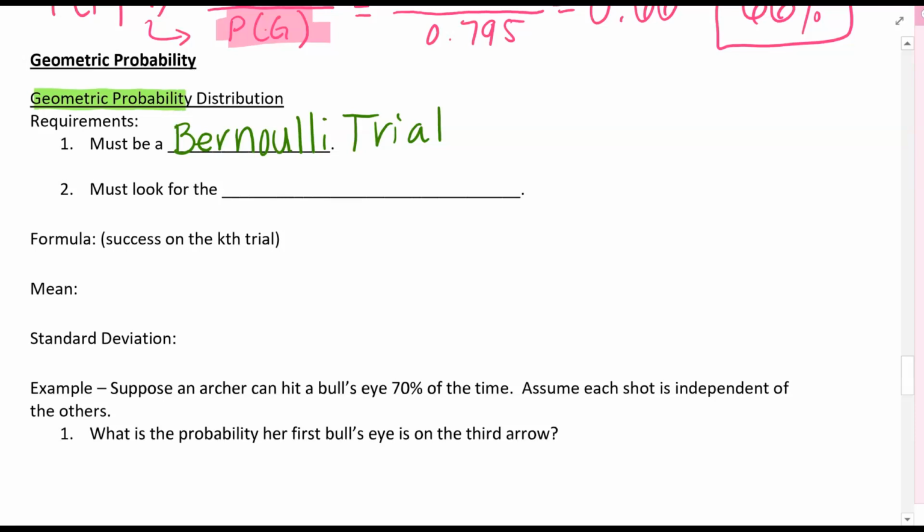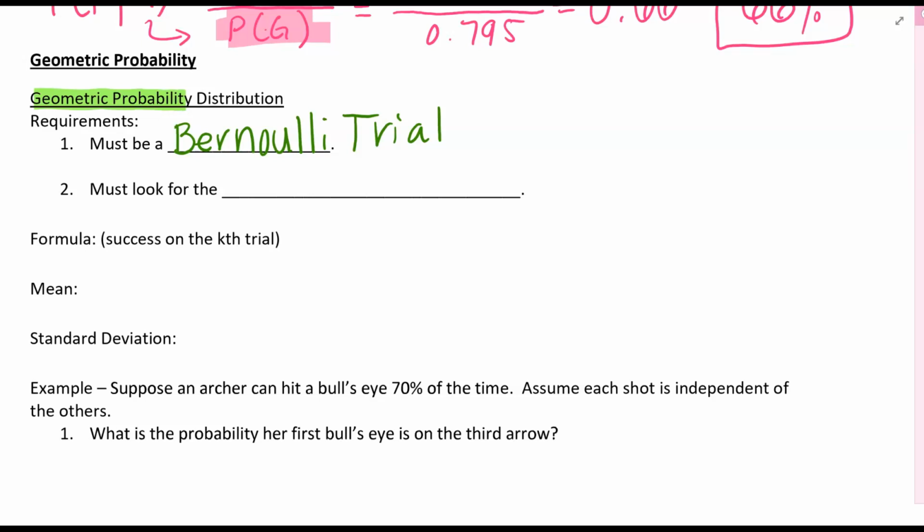So what is a Bernoulli trial? A Bernoulli trial just means you need to have 2 outcomes and 2 outcomes only. So for example, if I'm playing baseball and I try to hit the ball, I only have 2 outcomes. I'm either going to hit it or I'm not.